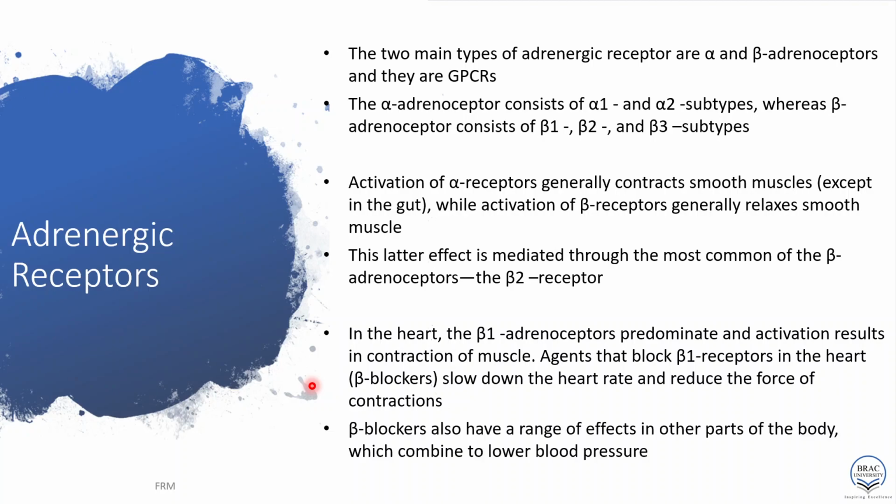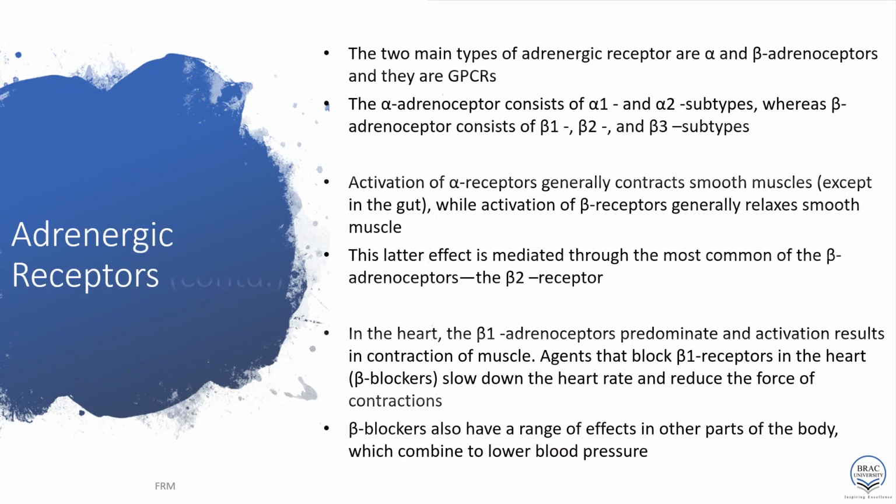Depending on the receptor location, beta blockers might have a different function in one part of the body, but the combined effect of the beta blockers is to reduce the blood pressure, because most of the beta 1 receptors are resident in the heart, and inhibiting heart pumping and force of contraction mainly lowers the blood pressure. But on the other side of the body, like smooth muscle cells, the blood flow is increased. So there's a combined effect. As a result, we get lower blood pressure.